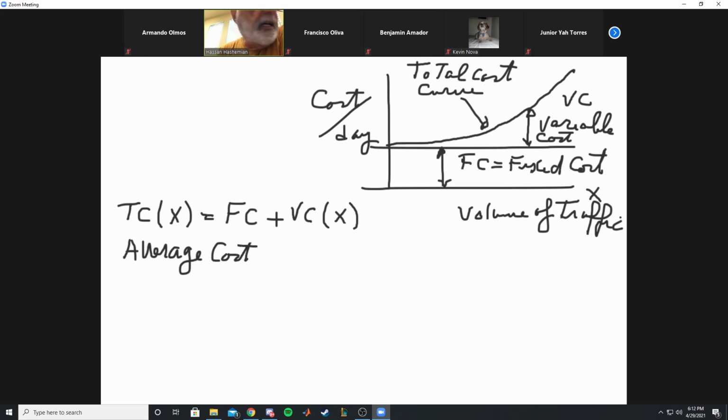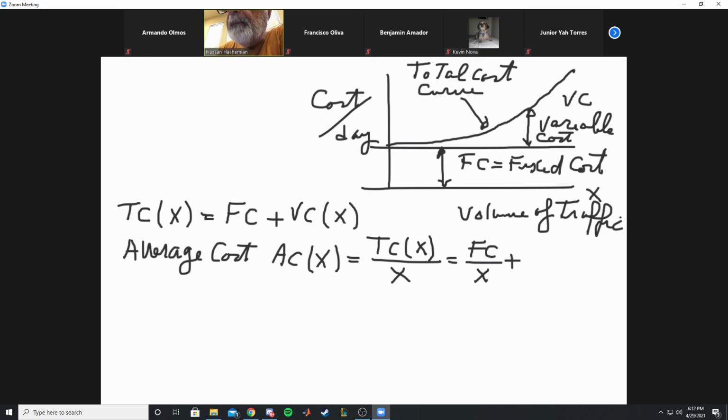So the average cost, which is dependent on X, is equal to the total cost of X divided by X, which is actually equal to fixed cost divided by X plus the variable cost of X divided by X, correct?